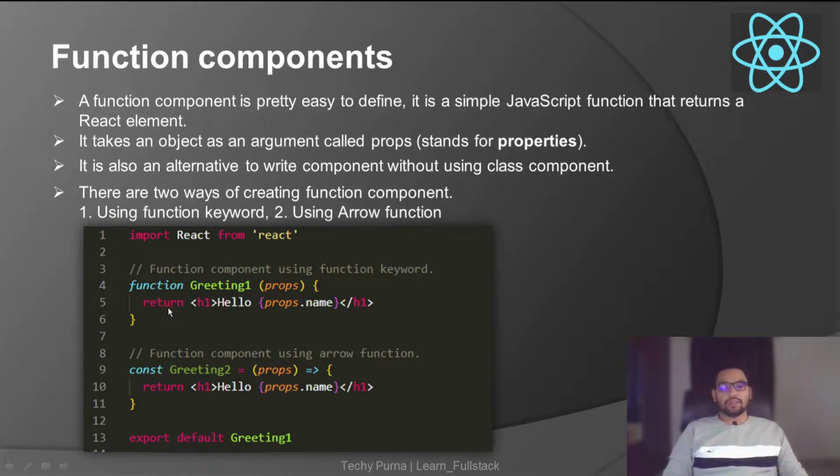And it's simply returning an HTML element, a React element you can also see. So this is another example of writing a function component using arrow functions. So const greetings, and within the function parameters we are passing props, and the rest of the things are the same. Okay.